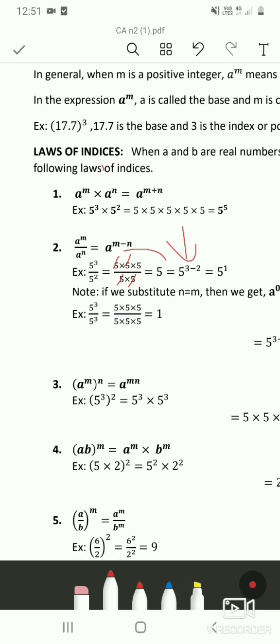Instead of doing all this, you can directly use the law and get the answer. 5 is the base and the power is m minus n. Here m is 3 and n is 2. Therefore 5 power 3 minus 2 is 5 power 1. So there is no need of writing all this explanation and cancelling. Using the law you can directly write the answer.